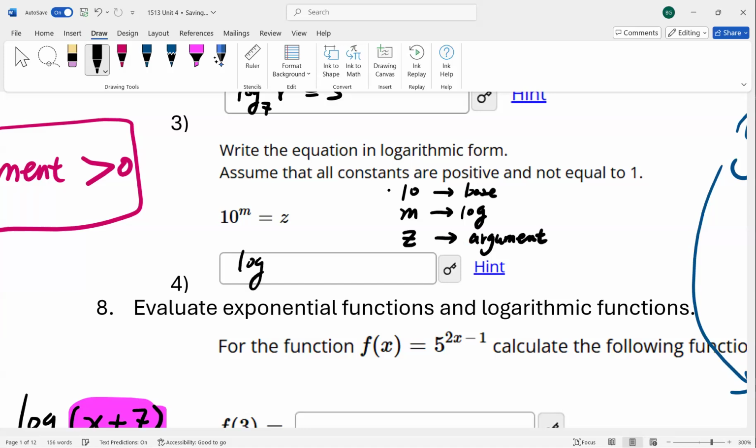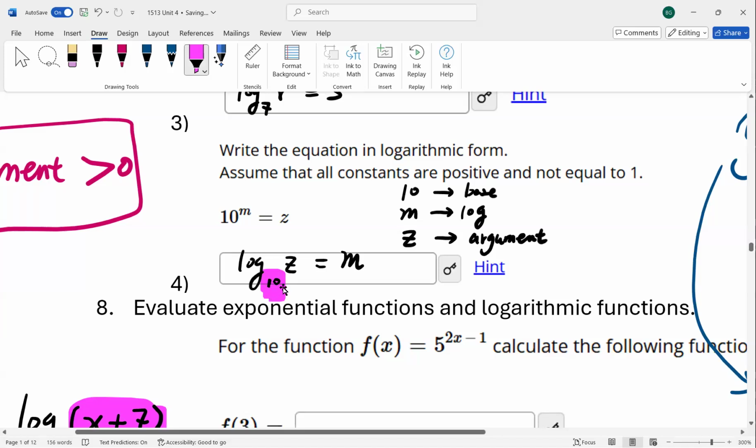Log with base 10, argument Z equals log m. Done. So it's okay if you do not have the 10 here. That's fine. If you do not have 10 there, that means the log is a common log, and the default base is 10.